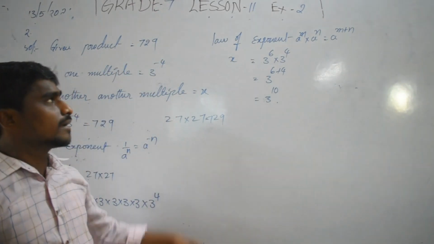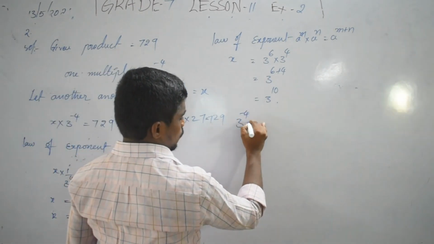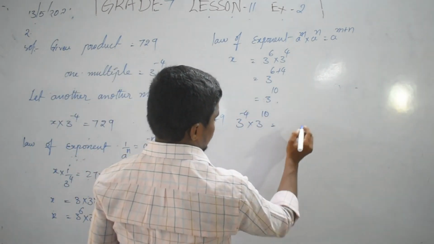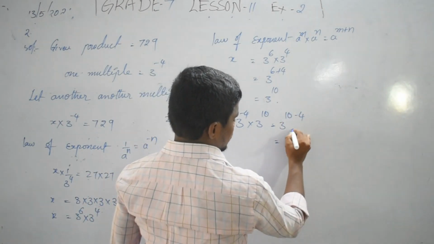Both multiplied give 729. So 3 power minus 4 multiplied by 3 power 10 is 3 power 10 minus 4, 3 power 6.